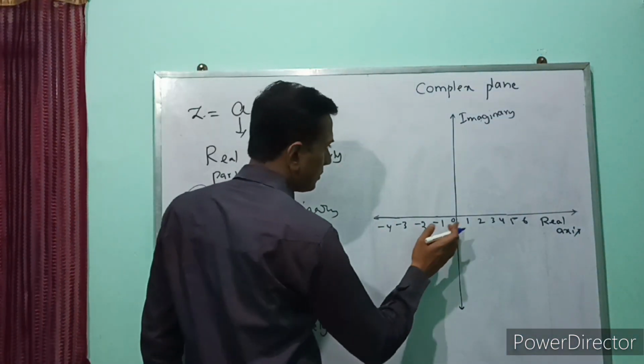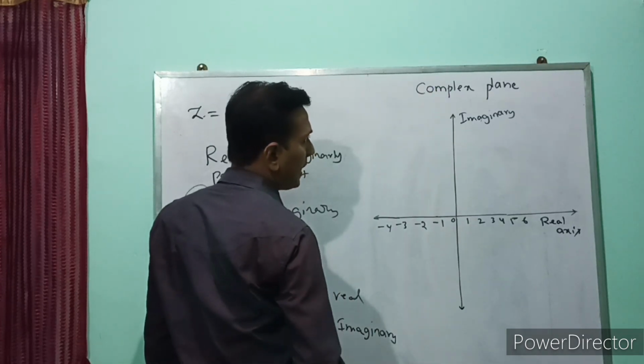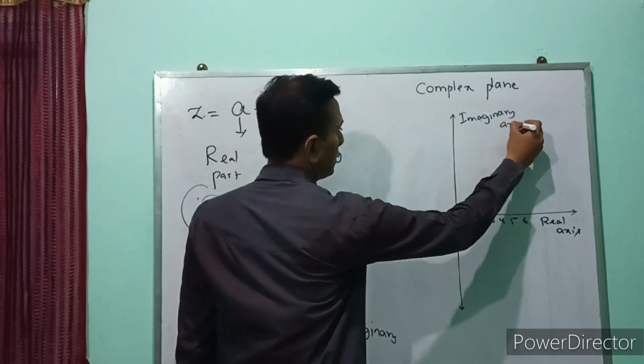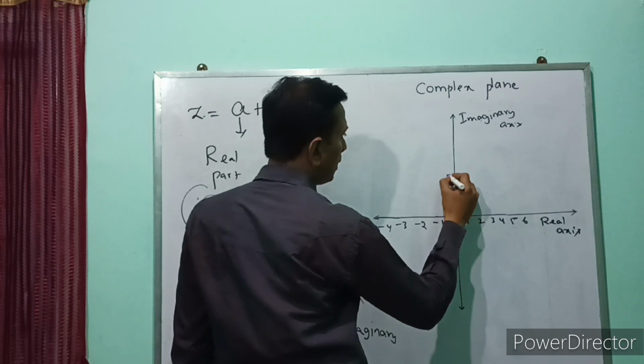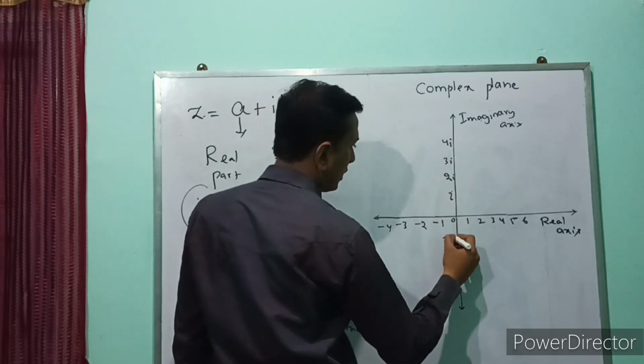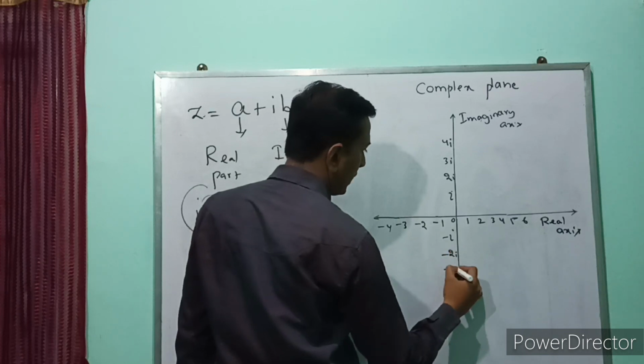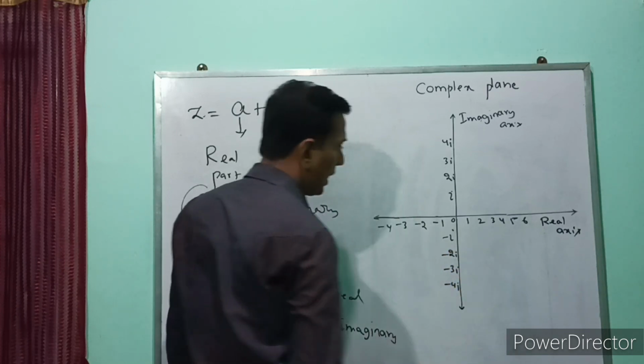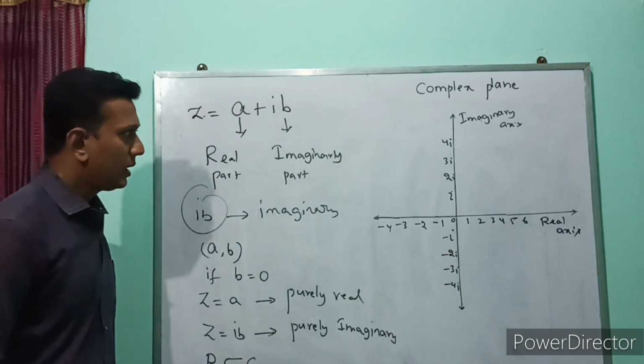Next, on the vertical imaginary axis, we take i, 2i, 3i, 4i. Here minus i, minus 2i, minus 3i, minus 4i.